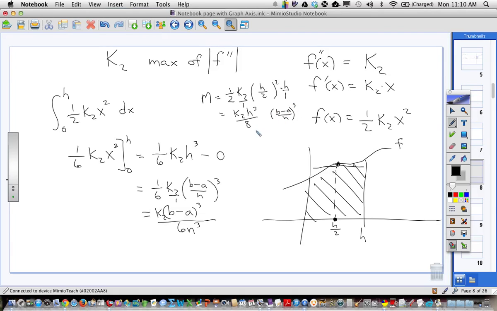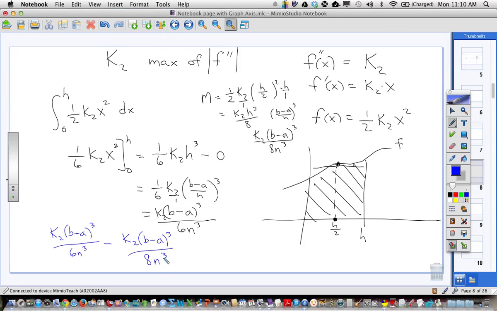So this would be a K2. Before we subtract them, let's write them the same. So this would be a b minus a cubed over 8n cubed. Now let's change colors here a little bit. That's too much black. So let's subtract these. This would be a K2 b minus a cubed over 6n cubed, and then I'd want to subtract the other over 8.